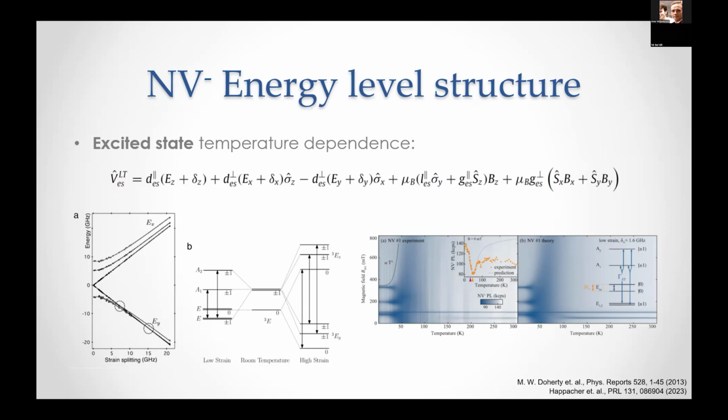So these are called level anticrossings. The low one here at approximately 50 millitesla is the excited state level anticrossing associated with the D in the excited state.